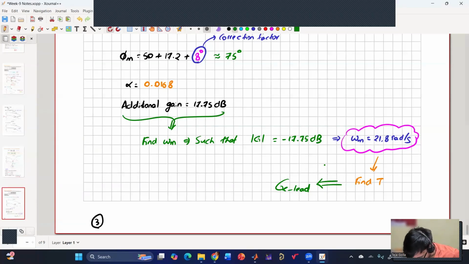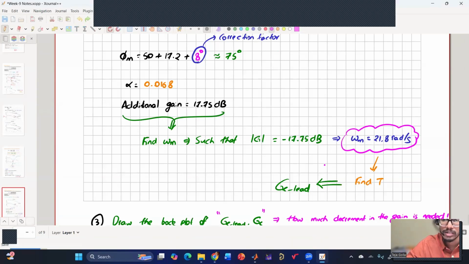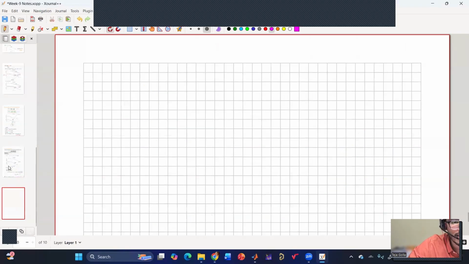Draw the Bode plot of G multiplied by GC lead, and then see how much decrement in the gain is needed. Once I get this, I'll calculate beta. I will assume my T to be 0.1 and then my compensator design is done.